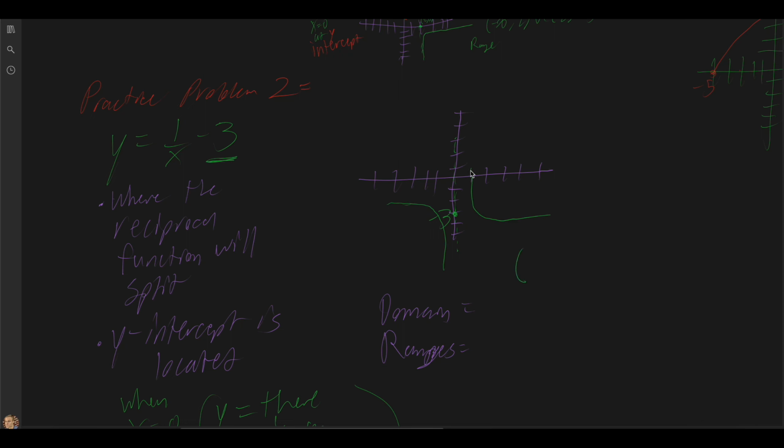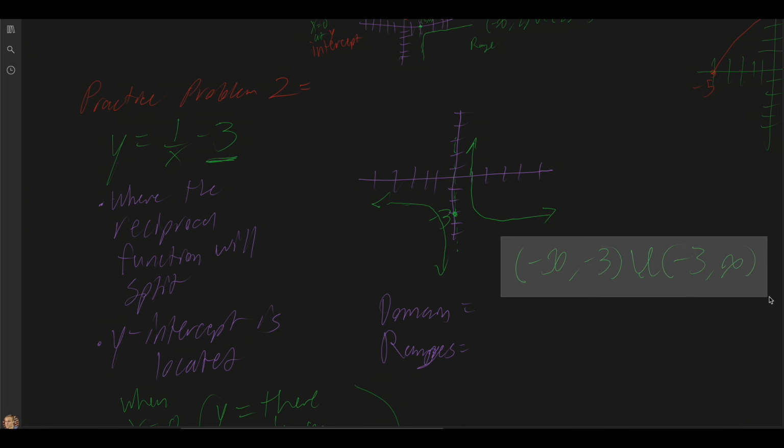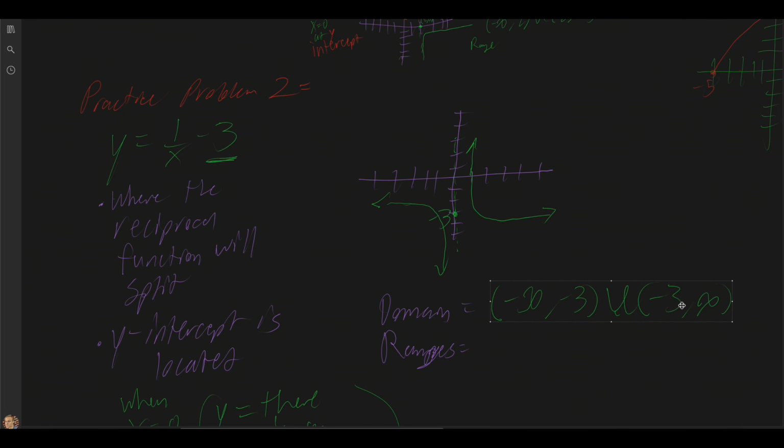And the whole equation that we know, let me just put this right here, here, here, and here. So we have -infinity to -3, all the way up in unison with -3 to positive infinity for our domain. Let me just clean this up a little bit more.